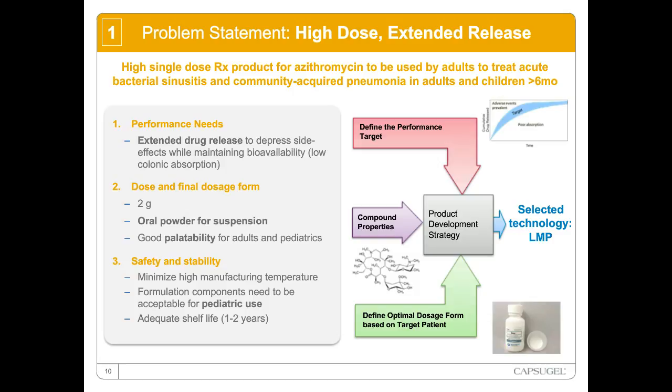This can result in high peak plasma concentrations and associated side effects, so there was a need to develop a formulation that provided extended release to attenuate the rate of drug release and absorption. However, as the compound showed poor colonic absorption, a specific release profile needed to be met so that bioavailability was not compromised by the extended release.